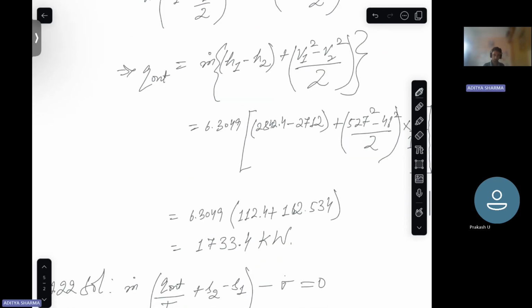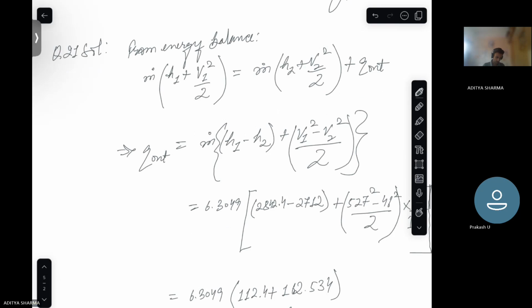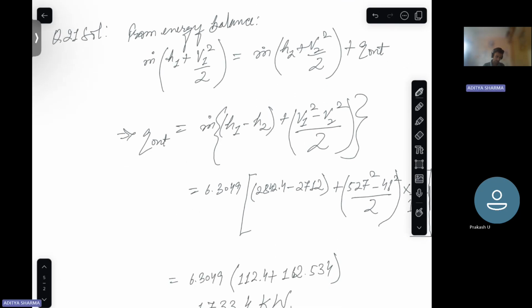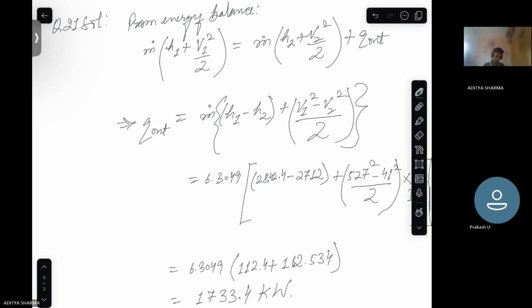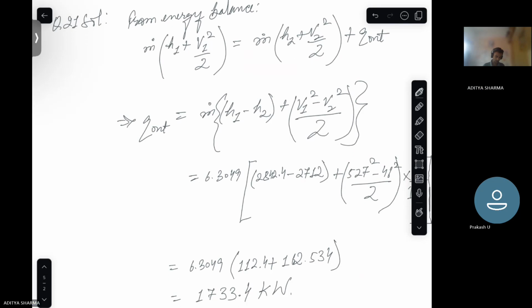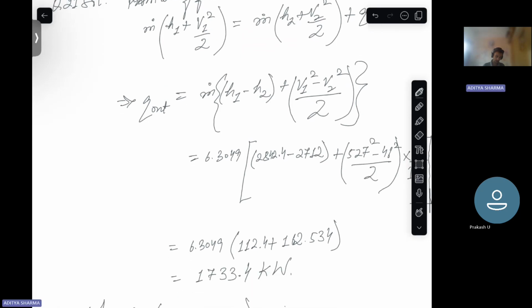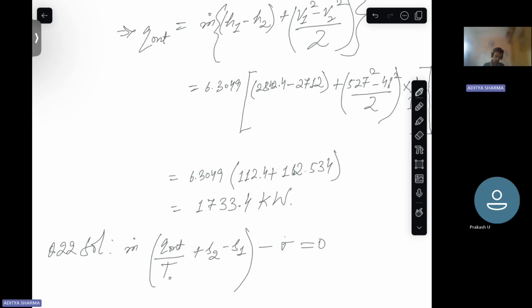So by mistake my microphone was off for question number 21, I believe. So in question 21, we solved it using the energy balance, right? And from there we found out the heat loss. And then I said that we have solved it in terms of kilojoules only, right?